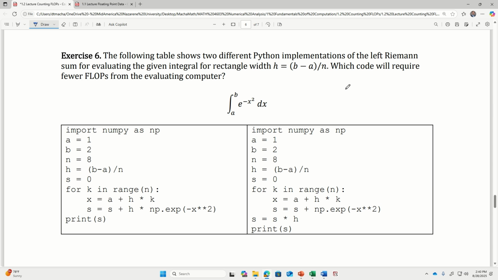But the genius part is that if I was just going to multiply every single term in the sum by the same width, I could just wait until after I'm done looping through, and then it's one flop to multiply by the width of the rectangles, and not n flops like it is the first time. So it saves you n minus 1 flops, which is maybe not a ton, but it's something.